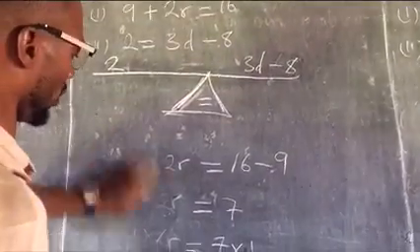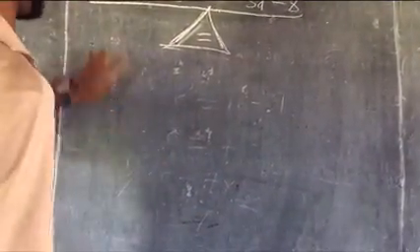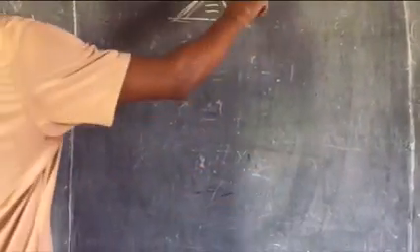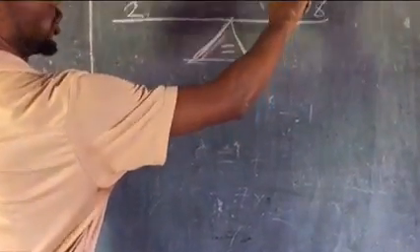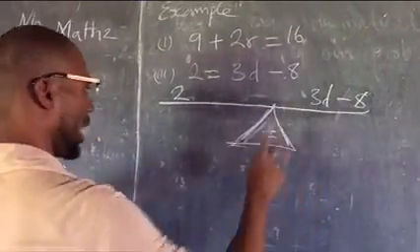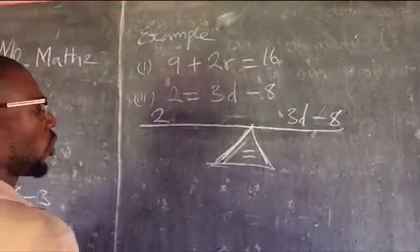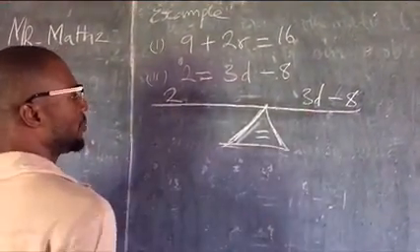So wetin that one come mean? So it means say this 3d join together to 8 by minus sign. And all of them they weigh the same thing with 2. So now na d we dey look for, ba?